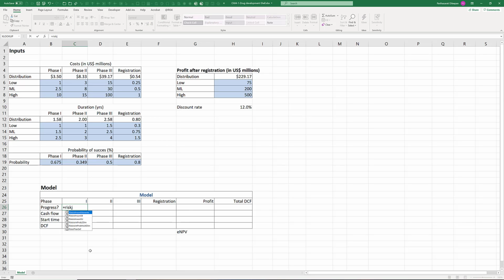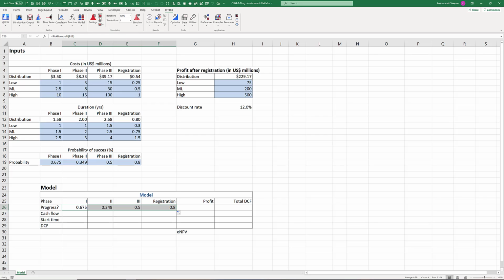So that's going to be our risk Bernoulli with that probability as the probability of success. Now we copy that using each of these probabilities, and if you click the die here, that's going to give you the generated value, either 0 or 1 for the first trial.